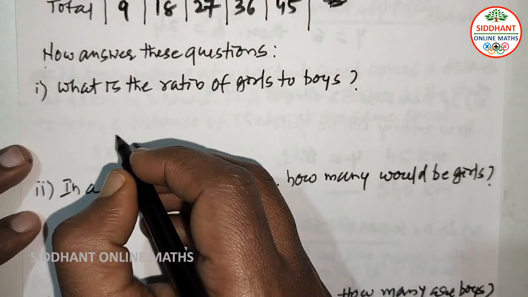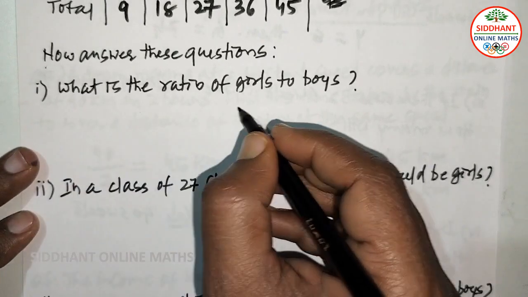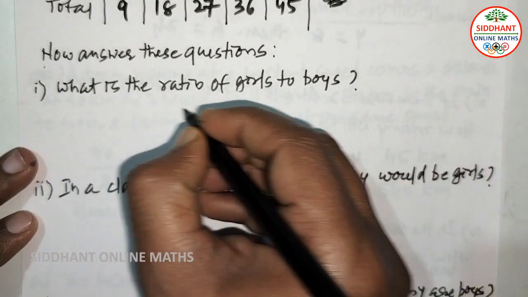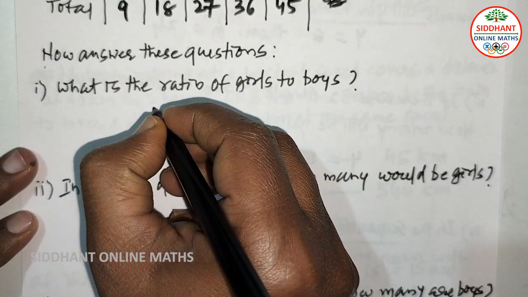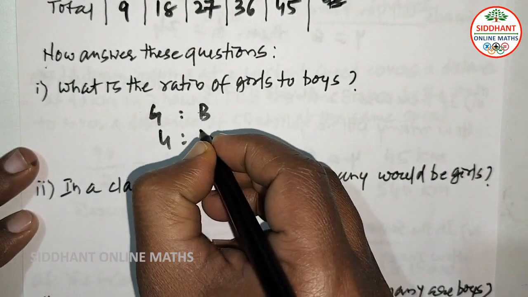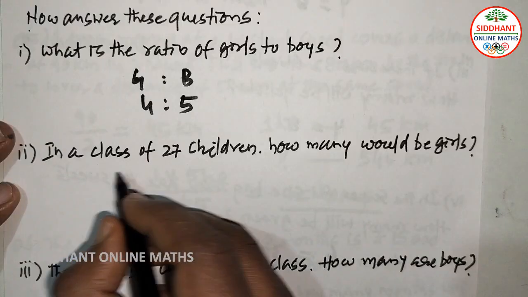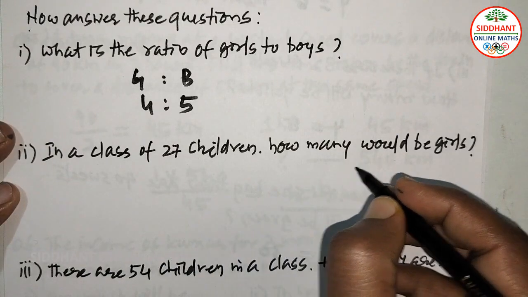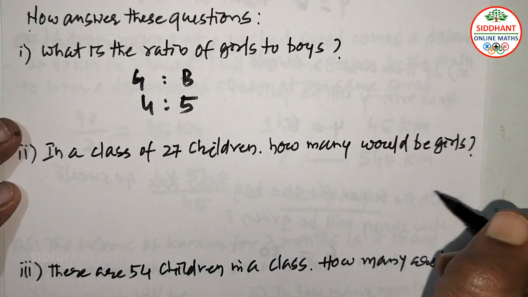Now we will answer the questions here. What is the ratio of girls to boys? In the question itself they have given girls to boys, the ratio is 4:5. In a class of 27 children, how many would be girls?